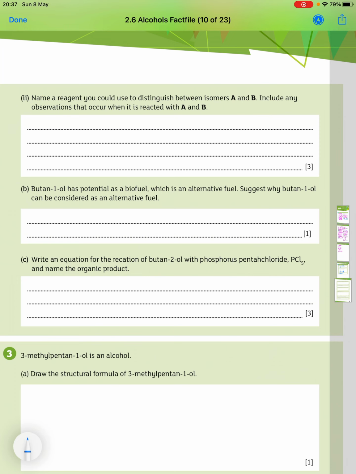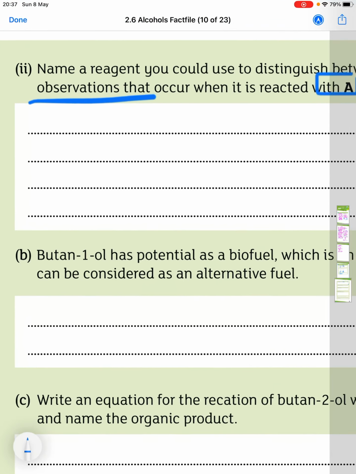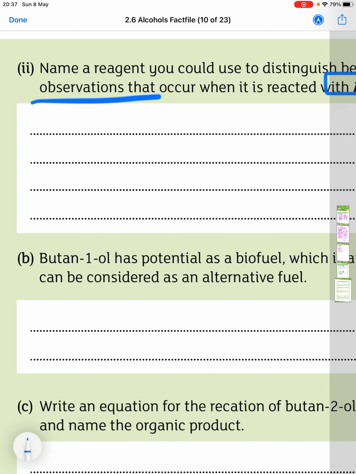Question 2, part 2. Name a reagent you could use to distinguish between isomers A and B. Include any observations that occur when it's reacted with A and B. So 3 marks here. You're going to have to say what the observation is with A and with B to get the full marks. The first mark is for the reagent, which is acidified potassium dichromate.